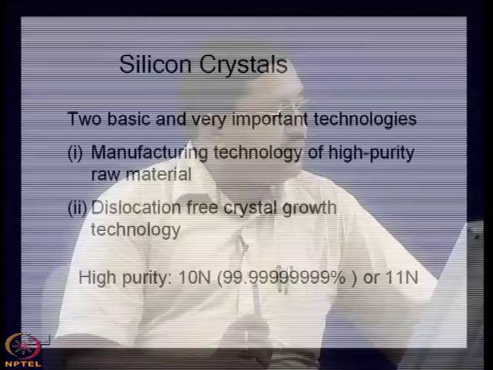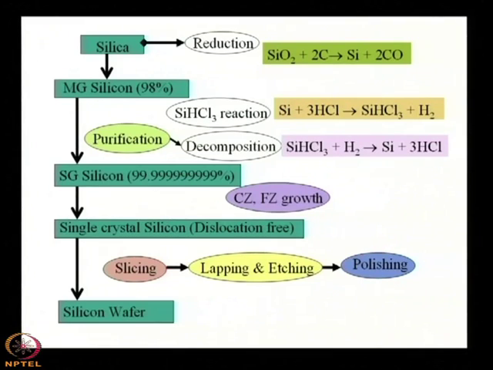Now if you consider silicon crystal growth, first you have to use silica. This silica is nothing but SiO2, which is also known as quartzite.